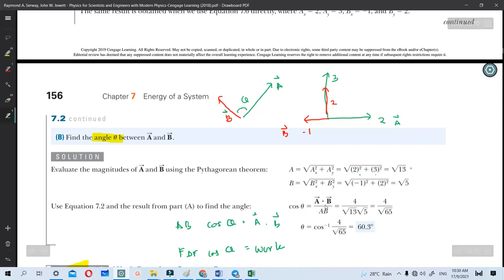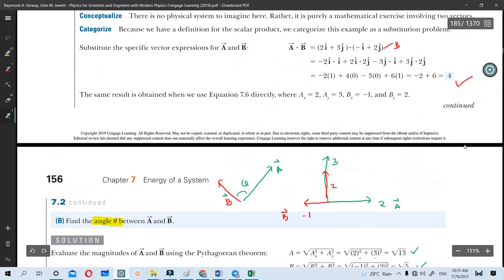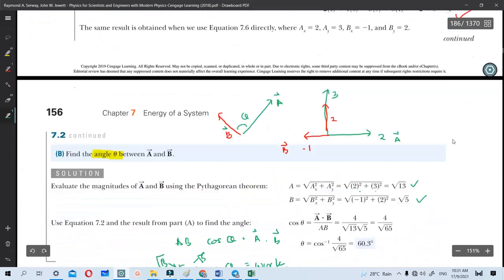So 3 and 2 becomes square root 13, and B itself singularly is square root 5, right? Square root 5. So this is 13. For instance, this is just an example to let you see in the version of work, and R is square root 5. But the combination of work is the one that you have calculated earlier, which is 4.